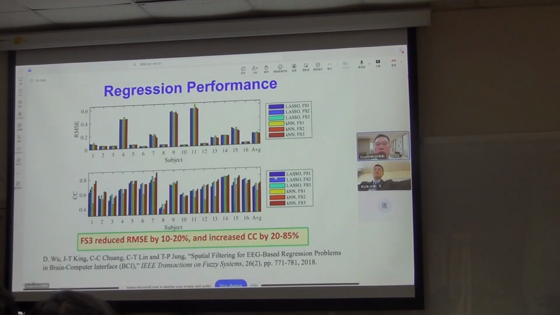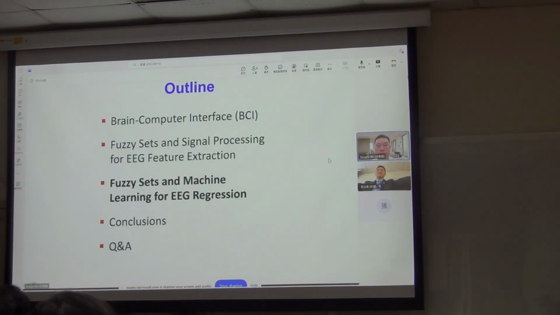We have a range here because for different regression models, the improvements could be different. But for both regression models, the improved feature extraction approach can always outperform the direct feature extraction approach, and also the one without using any spatial filter.